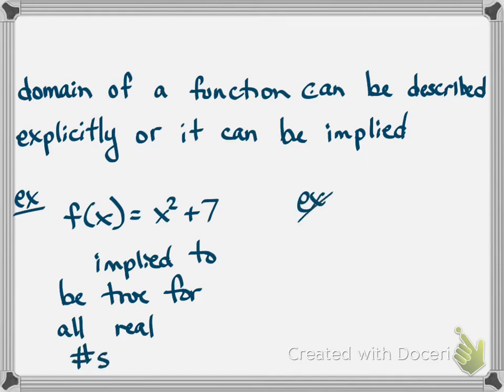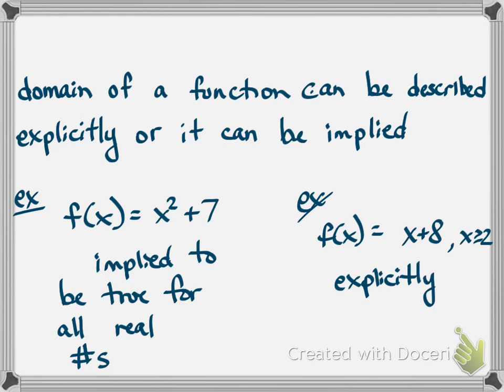And if you have f of x equals x plus 8, for all x greater than or equal to 2, this is explicitly described because I told you only for x greater than or equal to 2. So it's not super important that you are able to state the difference, but I wanted to tell you the two differences.